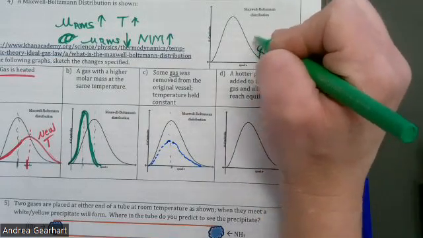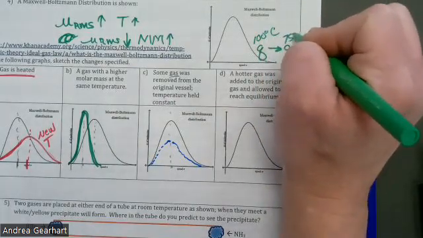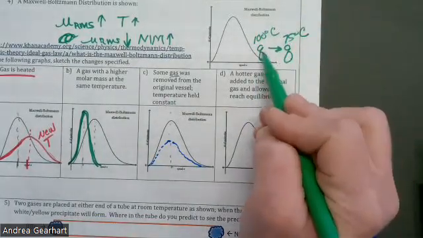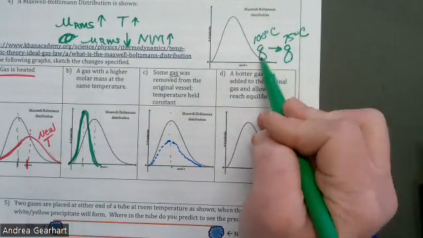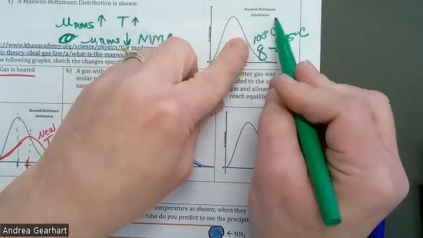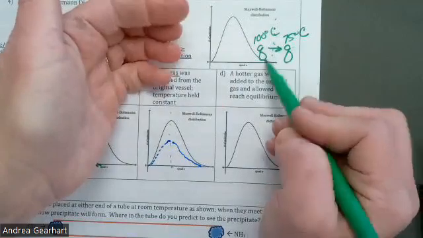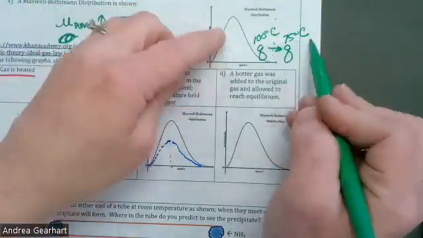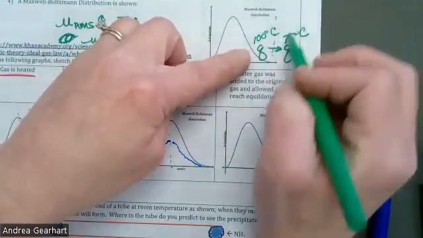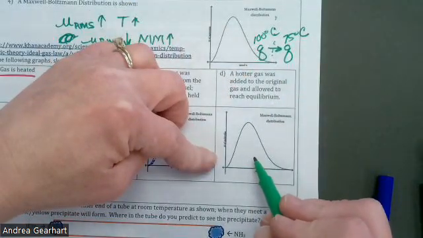So if we say that this is at 100 degrees Celsius and this is at 75 degrees Celsius, depending upon what the gases are, if they're the same gas and the same amount, then we're going to end up at a temperature in between. However, we have no knowledge of that. But we definitely know that we're going to increase the temperature of the original.